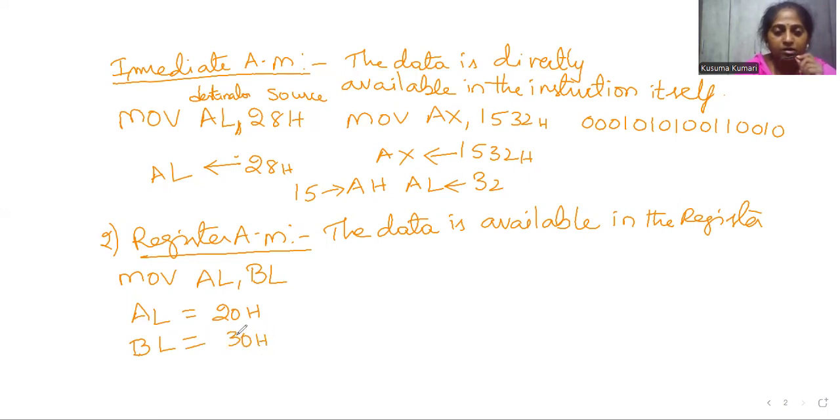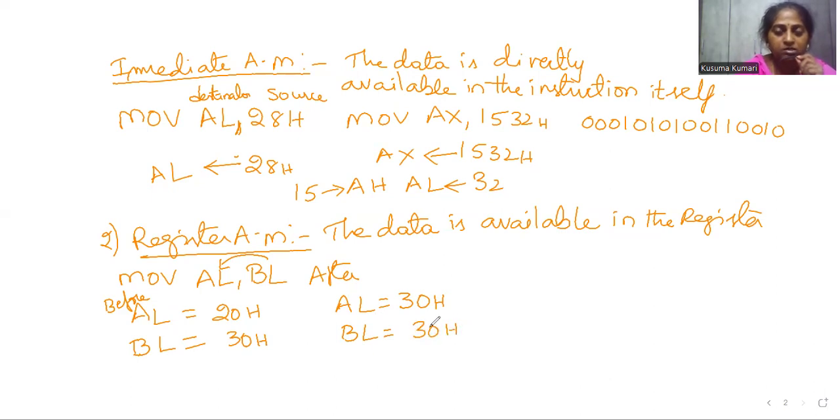Then after execution of this instruction, what happens? The BL register contents are transferred to AL. That means now the AL register contents become 30 hexa. What about BL? The BL register contents remain the same.